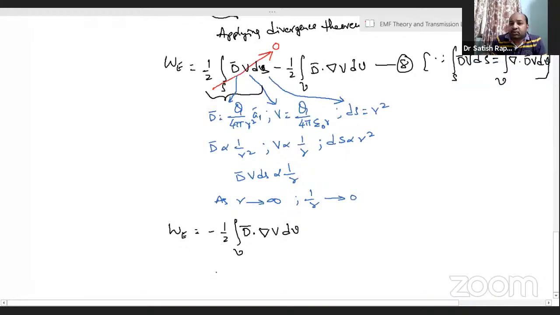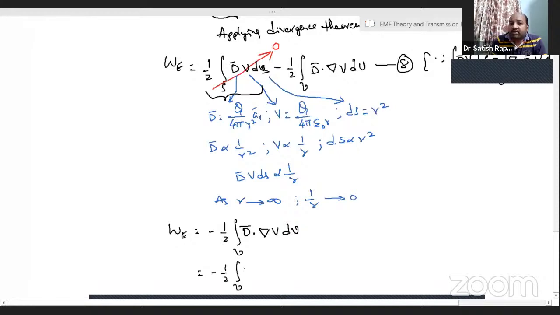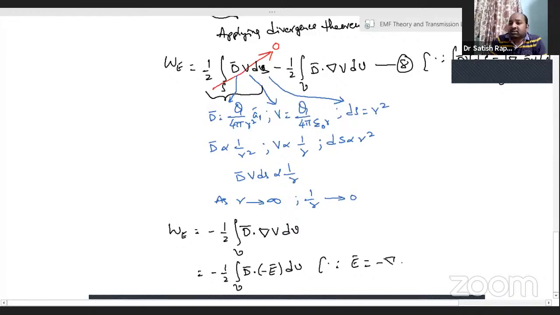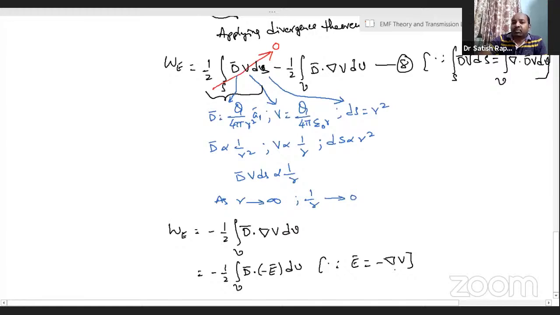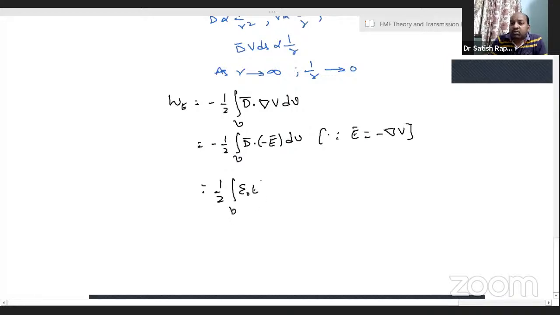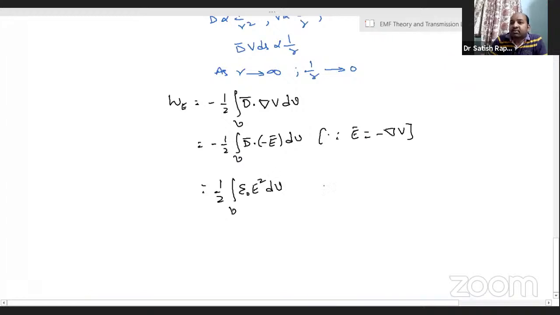So therefore this is equal to minus half volume integral D bar dot minus E bar dv, since E bar is equal to minus delta V. And further simplifying, half volume integral epsilon naught E square dv, since D bar is equal to epsilon naught E bar, and minus will get plus.